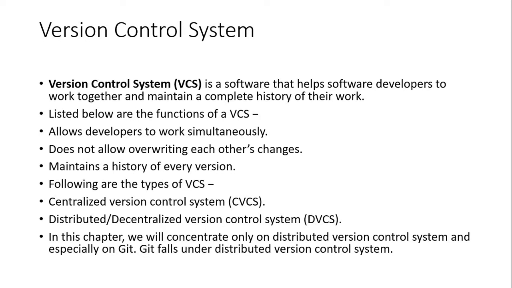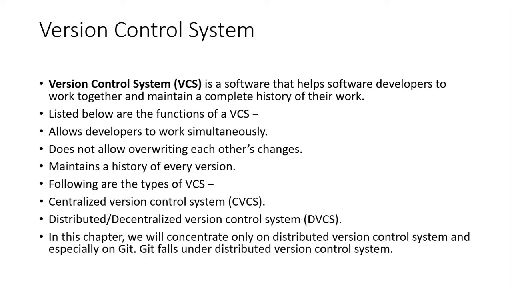But in Git, the process is much easier, right? It does not allow overwriting each other's changes. Suppose one developer is making changes to a file, and another developer is also changing the file.